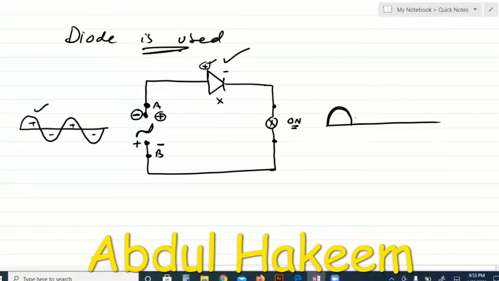When the current is blocked, the bulb will remain off for this cycle, so no output is shown by the CRO, but when it again becomes positive, we will get another ripple, then no output, then this positive. So this is the two-way current, and this is just one-way current.